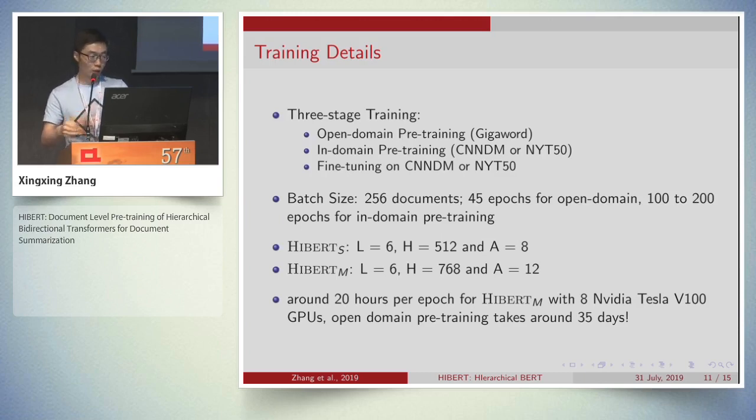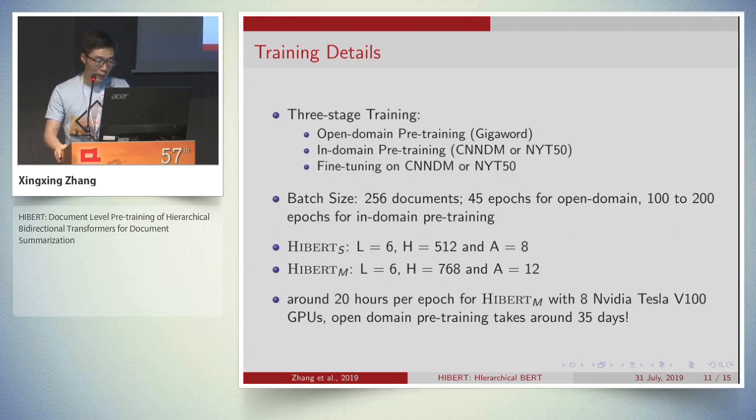Here are more details of our training. The batch size is 256 documents, and we do the open domain pre-training for 45 epochs, and 100 to 200 epochs for the in-domain pre-training. We have 2 settings. The transformers in the first setting have 6 layers and hidden size 512, and the second setting, HIBERT M, is slightly larger, with hidden size 768.